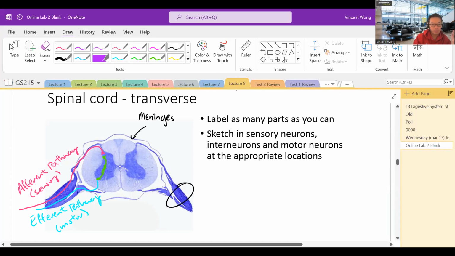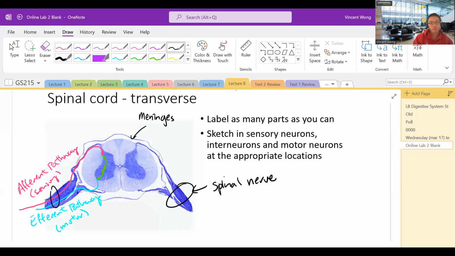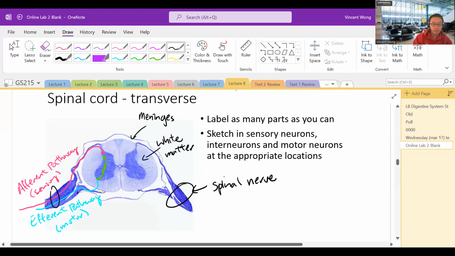This whole thing, same thing over here as well, that would be your spinal nerve. White matter on the outside, gray matter on the inside.